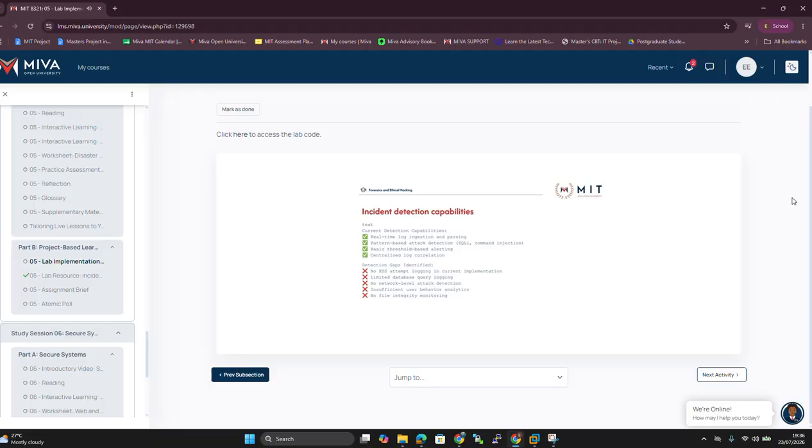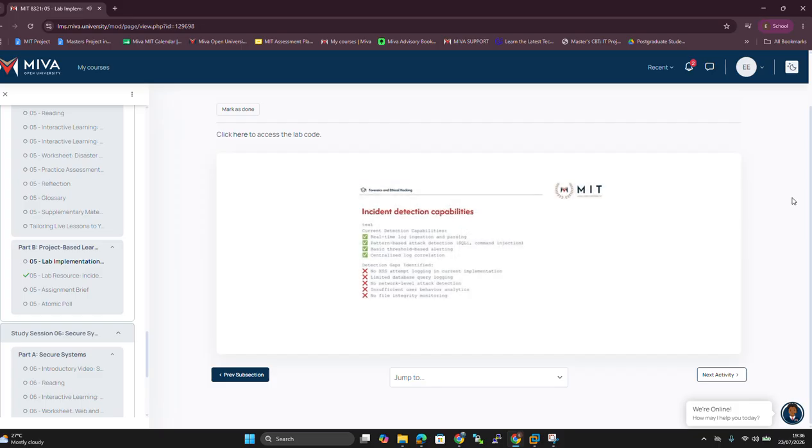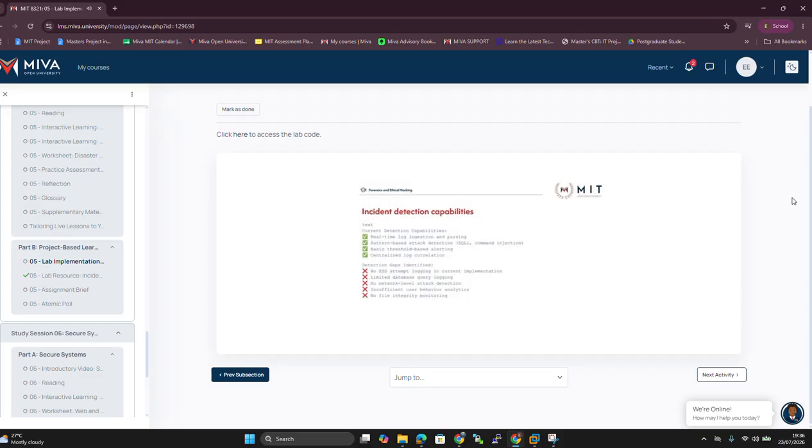Capabilities involve your skills, the skill sets of your team, and of course the tools you're using to do what you are doing. So we have the current detection capabilities.